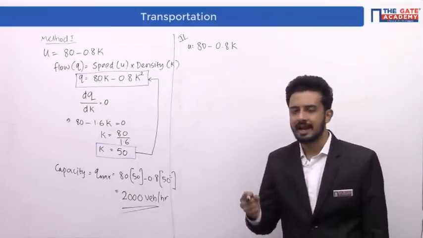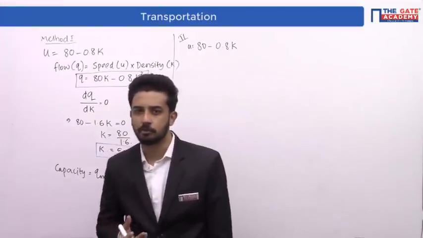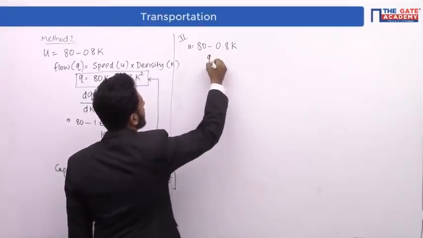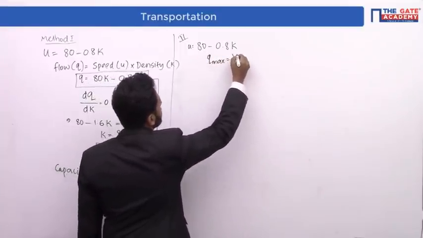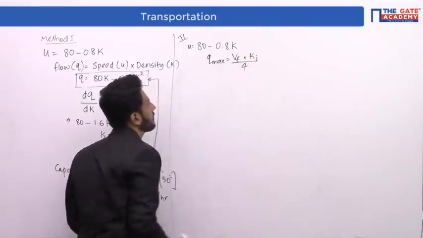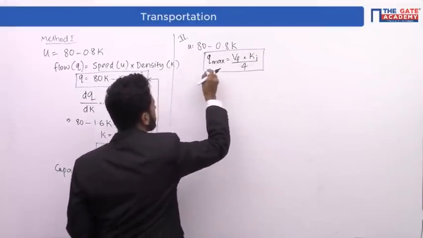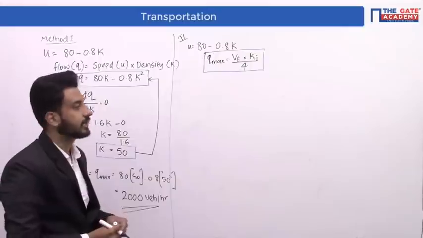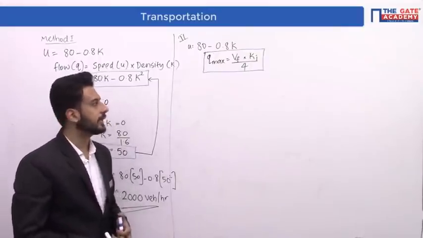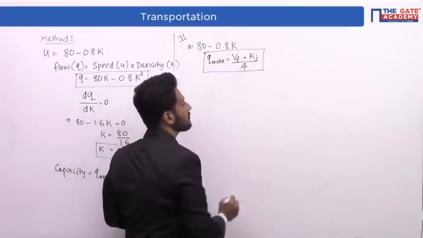Now, as per Greenshields equation, we have an equation for maximum flow. What is that? q max is equal to Vf into kj divided by 4. What is Vf?